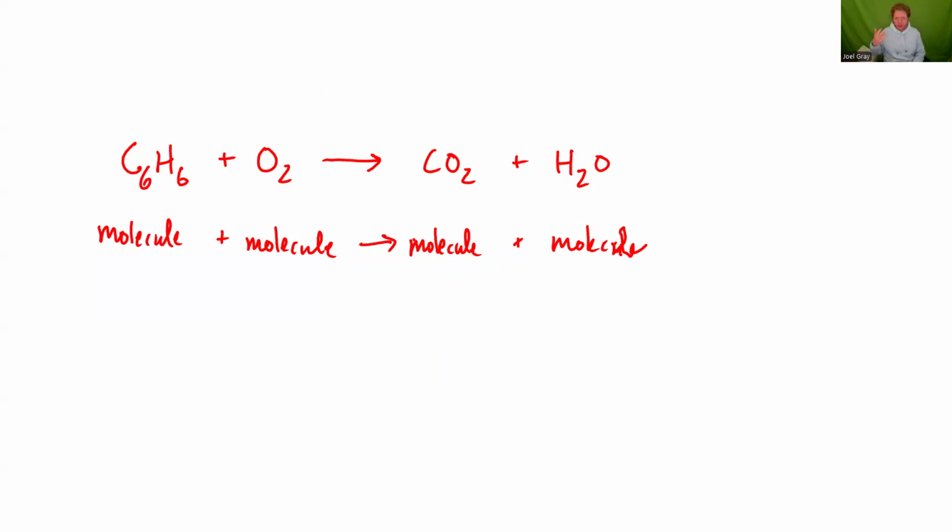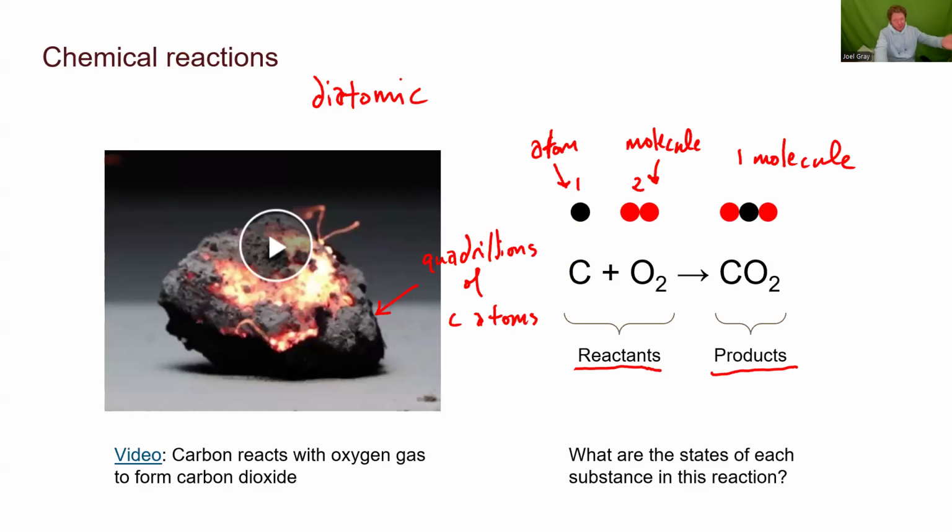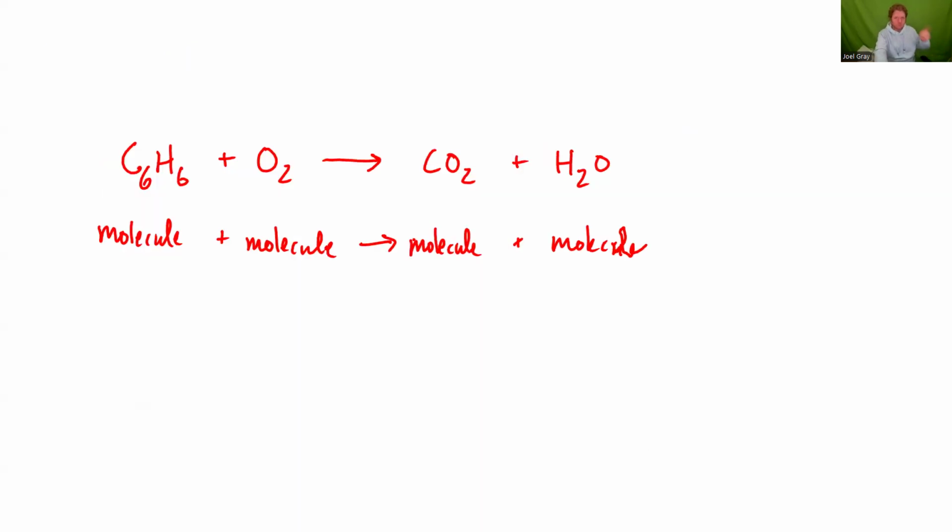On the right-hand side of my reaction, I've got two molecules, and that's exactly right. So we've got a variation here. Here we have one molecule that's produced. Here we have two molecules that are produced.